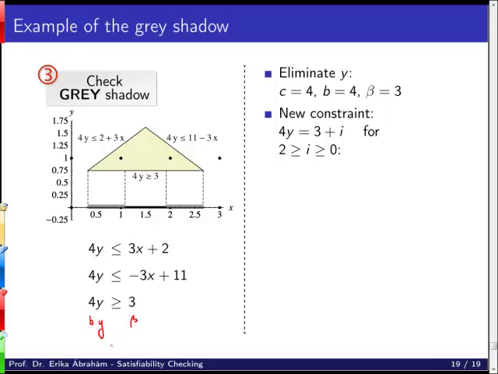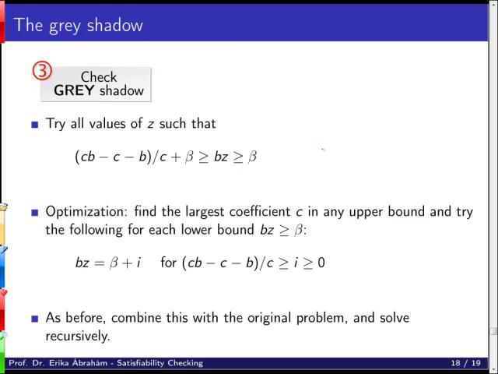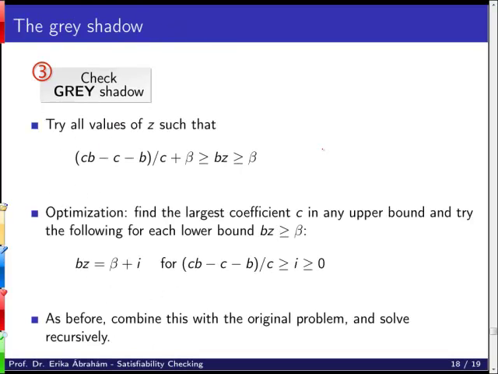And I have upper bounds. I go back here to exactly here. So if I have lower and upper bounds, then I take the largest coefficient c in any upper bound, and then I compute this one.